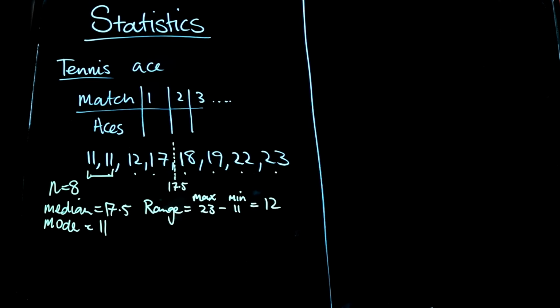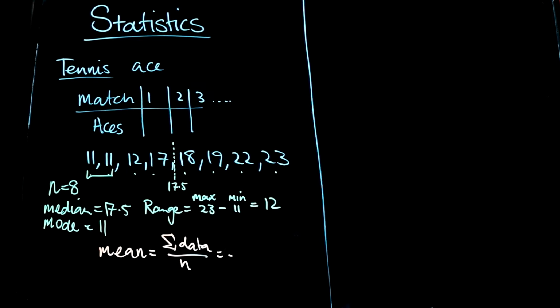And we're calculating the mean now. And what are we going to do? We know we need to take the sum of all the data divided by the number of data points. So we've got something here already where we know that we've got 8 data points. So we've got our denominator pretty quickly here.